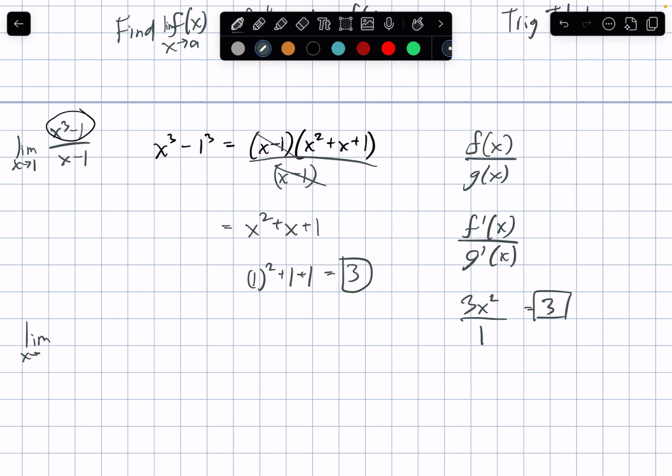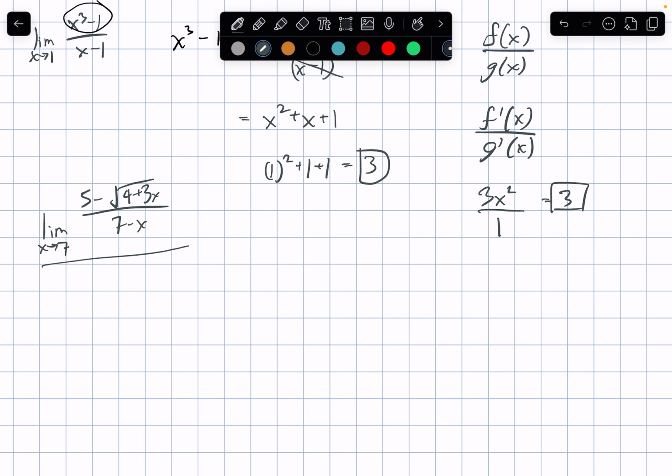Another example, but this time it shows where we apply rationalization. Multiply both sides by 5, and then you just copy the entire thing, just the opposite sign.